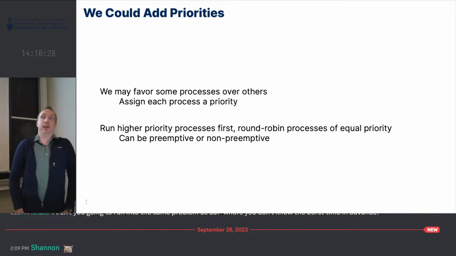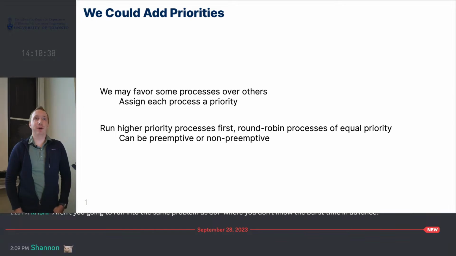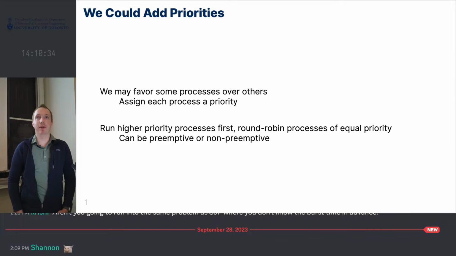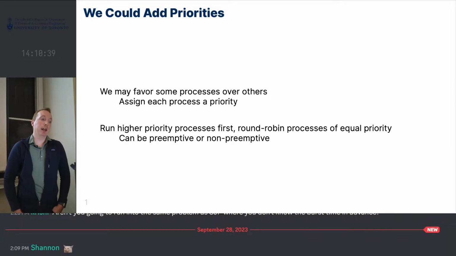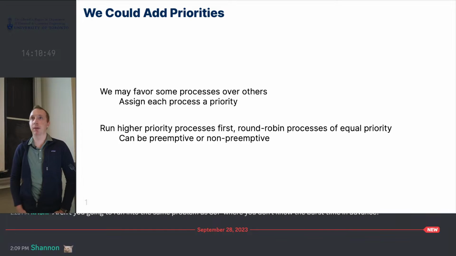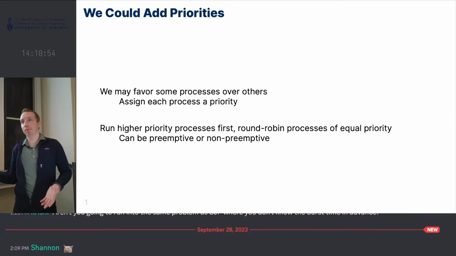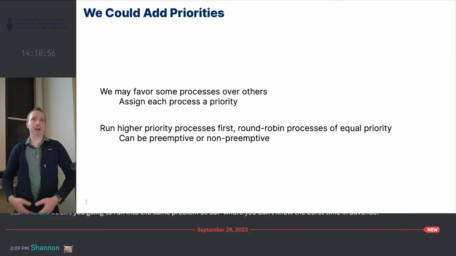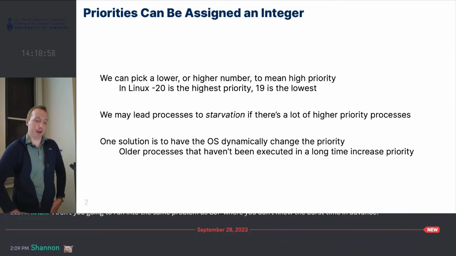You could assign each process a priority and then always run higher priority processes first, round robin style if they are equal priority, and then as soon as all of the higher priority processes have finished whatever they're doing, you can go ahead and run some lower priority one, and this can be preemptive or non-preemptive. So that's another tweak you could do to scheduling: add some priorities.